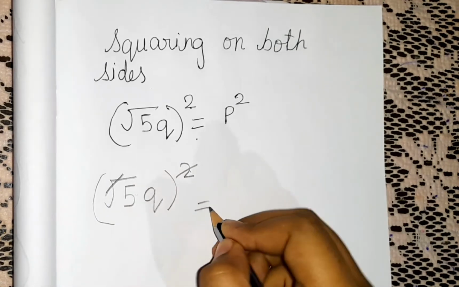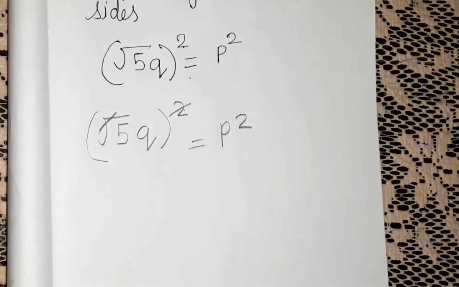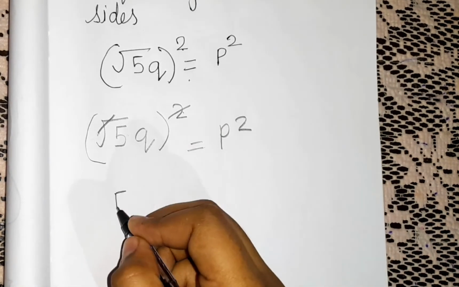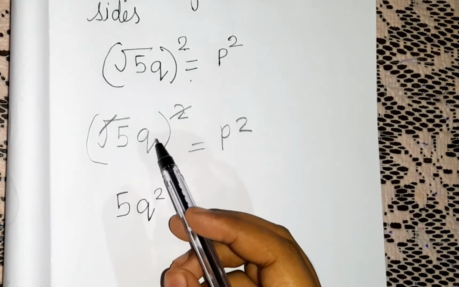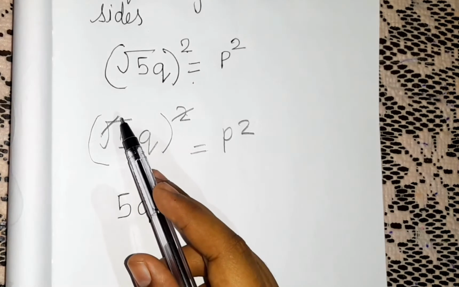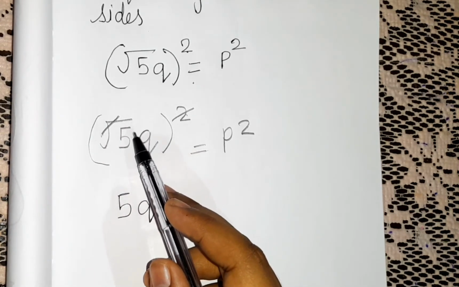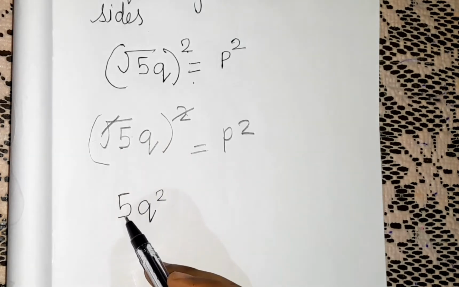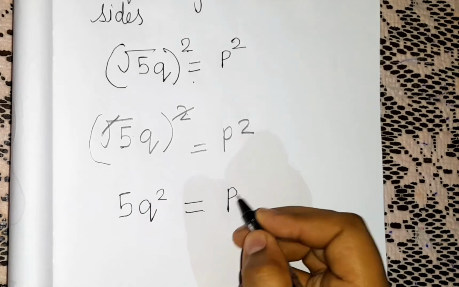Now let's write 5Q square. Why? Because the square belongs to Q as well as root 5. When we cancel the root as well as the square that belongs to root 5, now it is 5Q square is equal to P square.